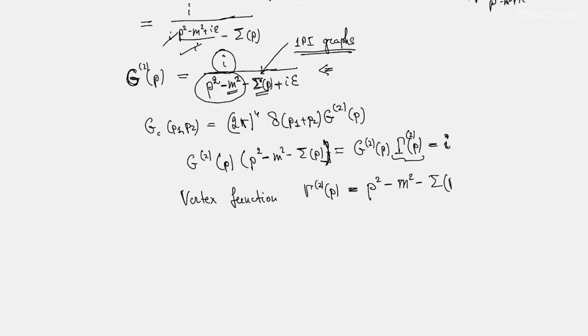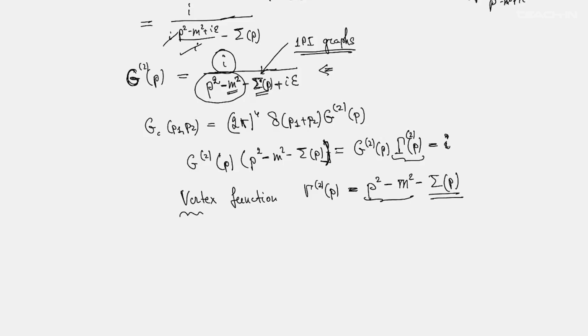Up to this i, it's an inverse Feynman propagator, but corrected by self-energy. So inverse free propagator, and on the top, there is a contribution of all one-particle irreducible graphs. This is called a vertex function.